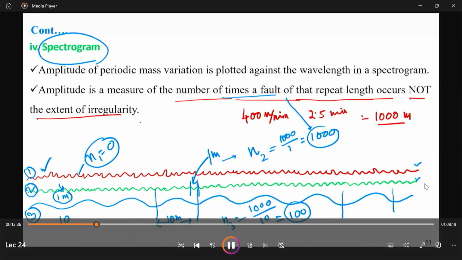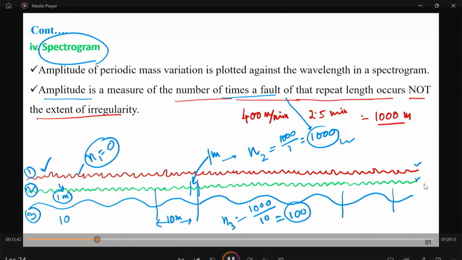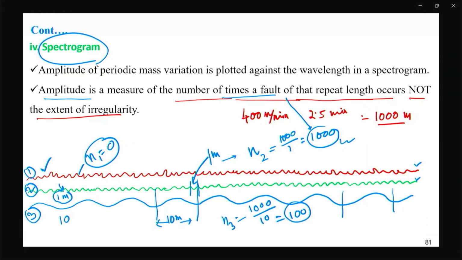So, if we draw the spectrogram here at the length base, x axis, for 10 meter cut length, height will be proportional to 100, and for yarn 2 at 1 meter it will be proportional to 1000.